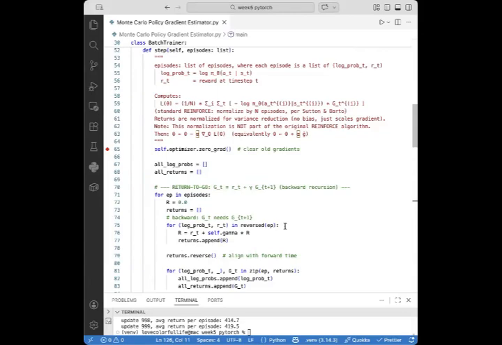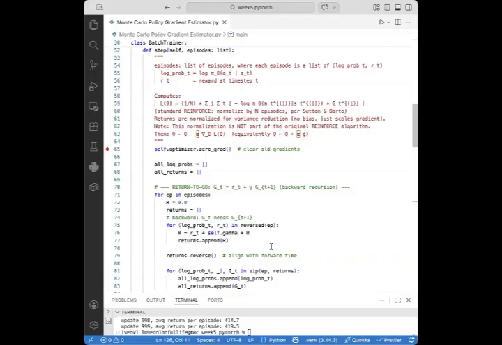Reversed episode goes from the last step. R starts at 0. Each time, R equals reward at t plus gamma times R. In other words, G_t equals r_t plus gamma times G_{t+1}. That G_{t+1} is the R on the right, computed in the last iteration since we're iterating backwards.